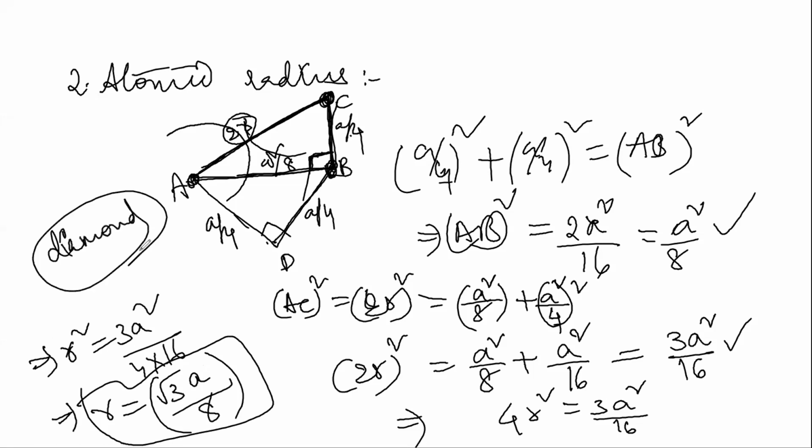Okay, students, I took the atomic radius as r because it is 2r between two corner atoms in the face diagram. Then one atom is at a by 4 and one more atom is at a by 4, and hence I calculate this one, and from this triangle I get 2r whole square, and I obtained r is equal to root 3 a by 8.